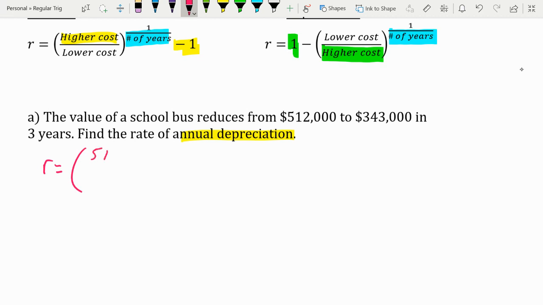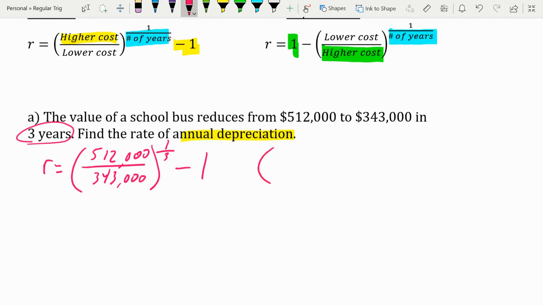grab your calculators. All I'm doing here is I'm just setting it up for 512,000 over 343,000. And then it's going to be raised to the 1 over, they told me 3 years, so to the 1/3 power, minus 1. All right, so now plugging this in.